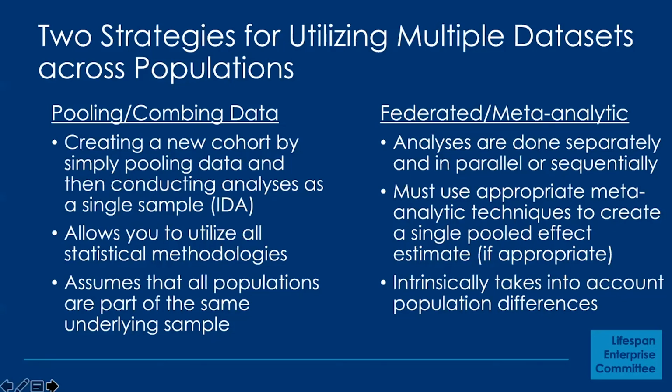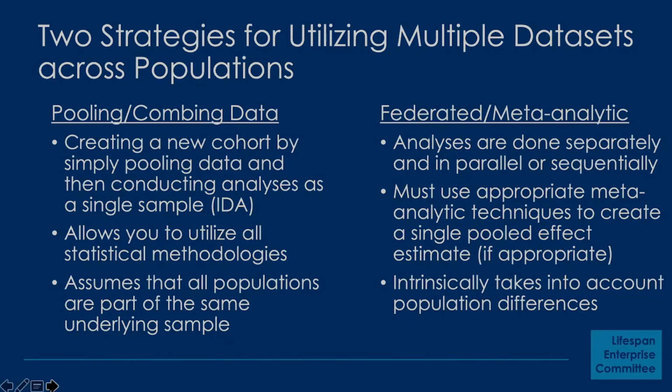But you must have appropriate meta-analytic techniques to be able to create that single pooled estimate if it's appropriate. And not all of our statistical methods have that meta-analytic method to combine effect sizes. An advantage of this meta-analytic method is it intrinsically takes into account population differences. And so it's very clearly set up to understand whether there are certain samples or populations that may be different than others.